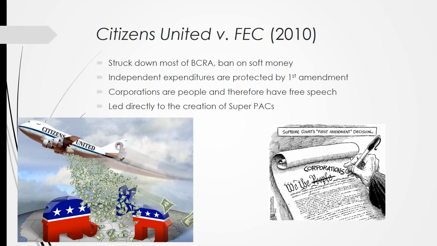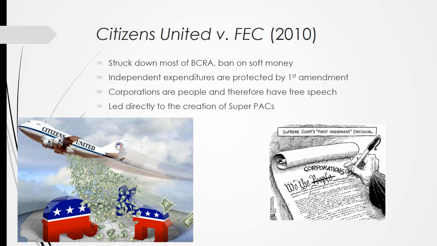This led to the formation of super PACs. Because once they said that corporations are people, so Walmart is now viewed by the United States government as a person or as people, so Walmart has free speech. So Walmart can now give money, since spending money is part of free speech. Walmart is allowed to give money and raise money to support candidates.